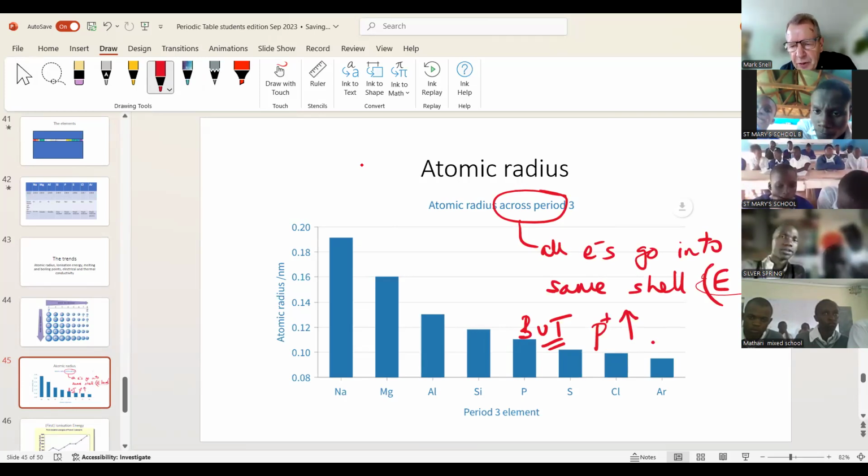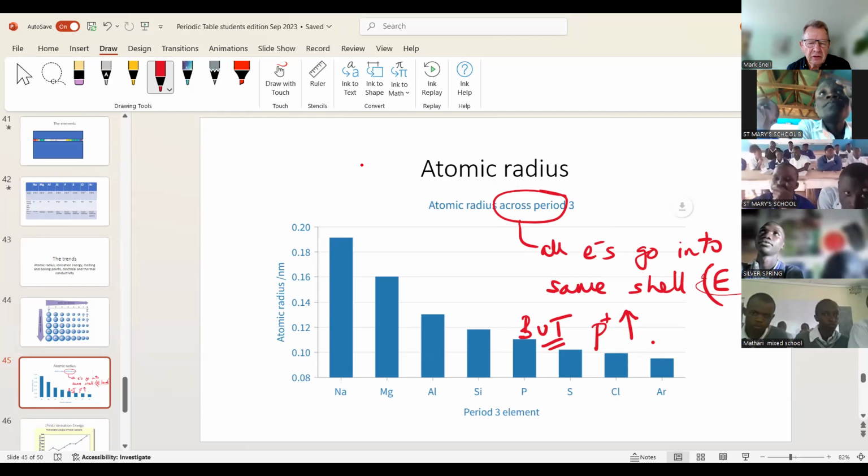Because the number of protons increases from sodium to magnesium, magnesium has a more effective nuclear charge. The nucleus is better at pulling the electrons in. So if I look at sodium, it has 11 protons, 12, 13, 14, 15, and so on.